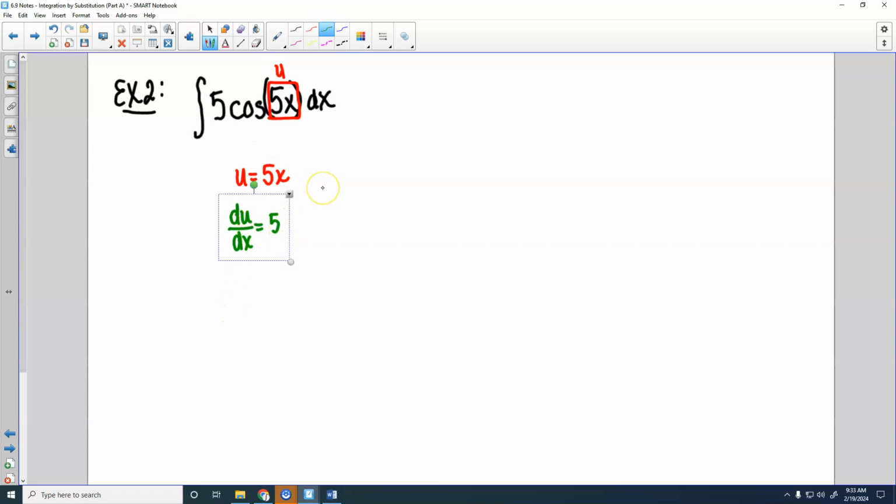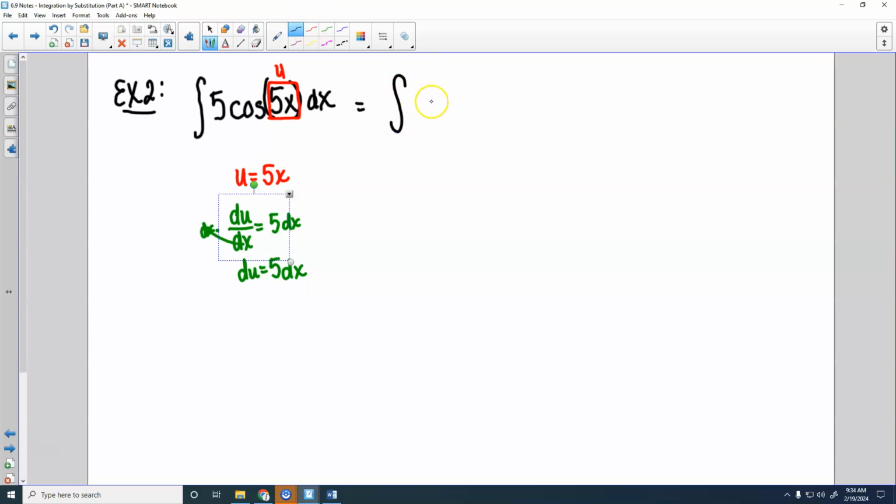And then again, we just want the du, we don't want the du over dx. So we'd multiply both sides by dx. So du would be 5 dx. Is that there? Pretty much, right? It's not all together, but we could rewrite it if we wanted to.